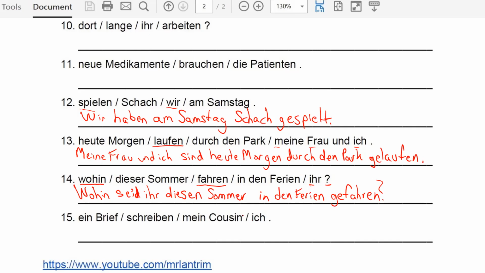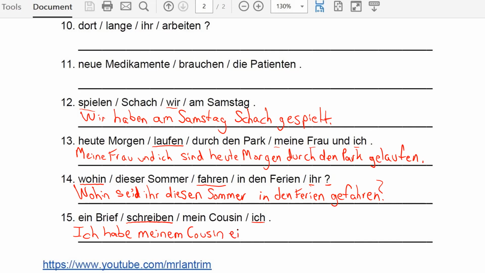The last one on here is another one that has a subject, a direct object, and an indirect object, that is schreiben as our verb. I'm going to choose ich as our subject, and that would mean that we start with that, ich. And then we have a form of haben to go with ich, because this is a transitive verb. Then our indirect object goes first, which is my cousin, meinem Cousin, in the dative case.